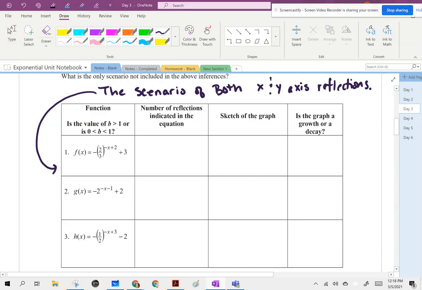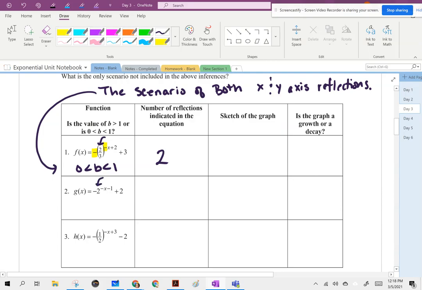Let's look at number 1. Is the value of b greater than 1 or in between 0 and 1? So this is the value of b, and so b is between 0 and 1, and there are two reflections. There's a reflection here and a reflection here, so that means that's going to be 2. All right, let's take a look at this guy right here.